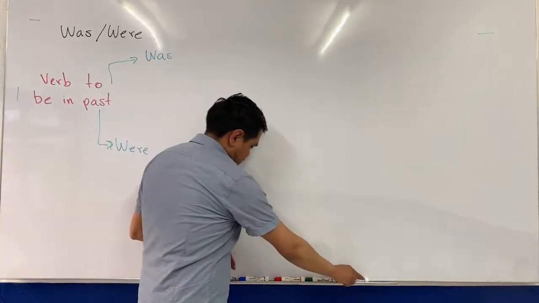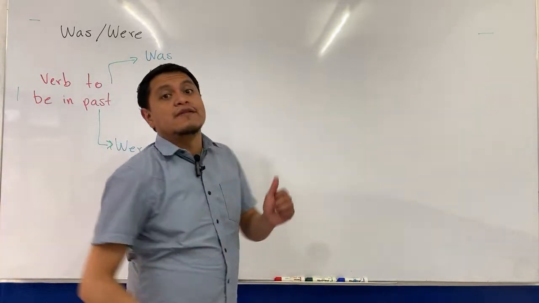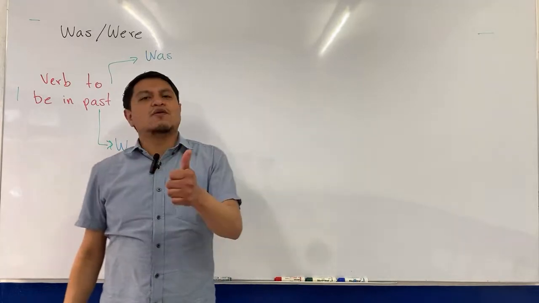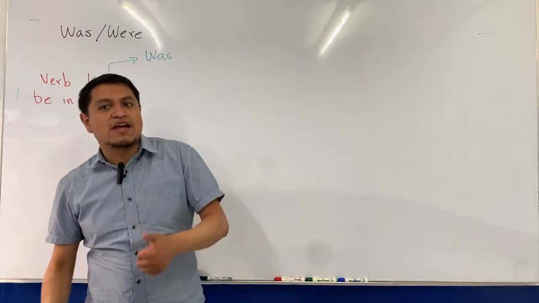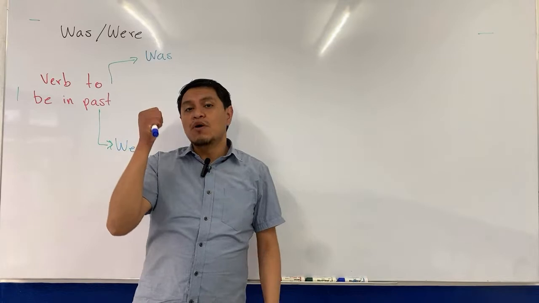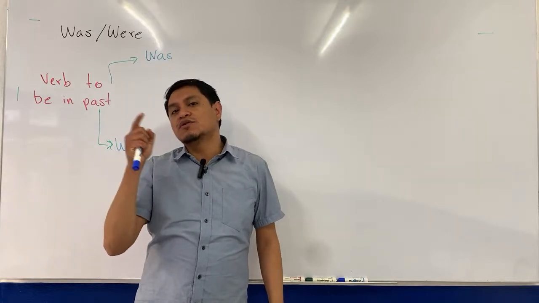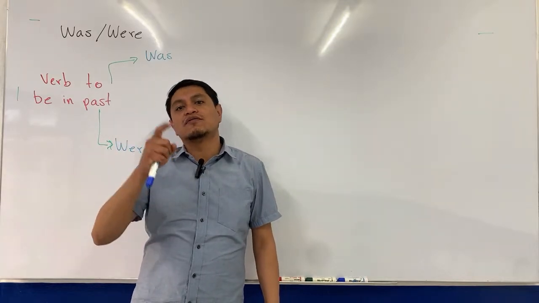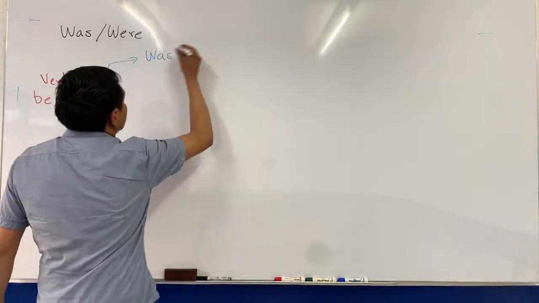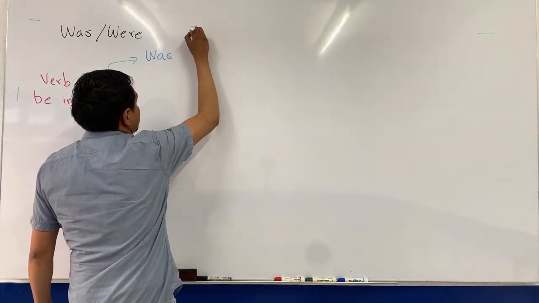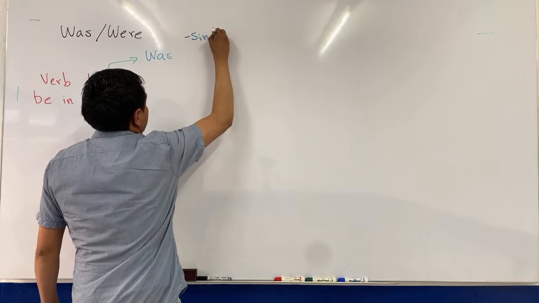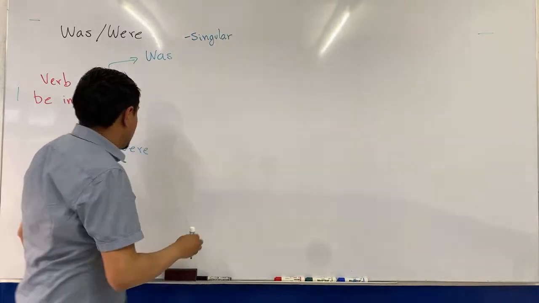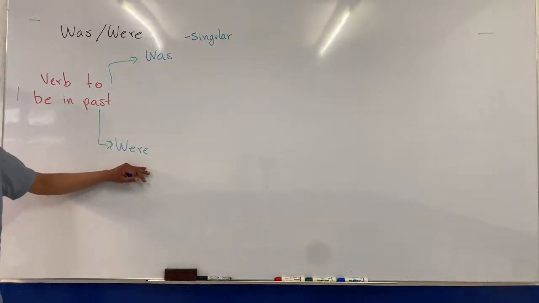Check this. When we use the word was, we talk about singular. First, was for singular, right? And were for plural, obviously.